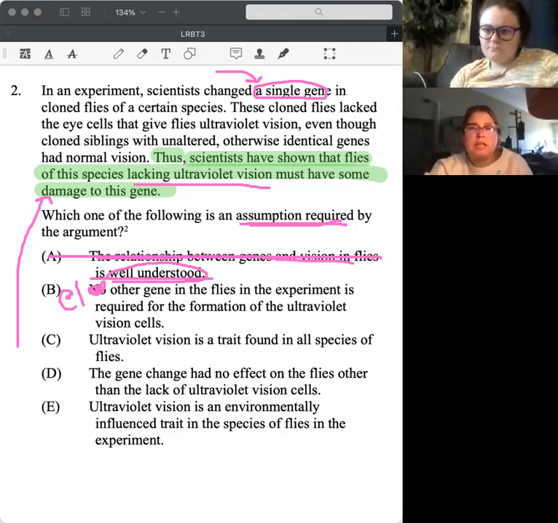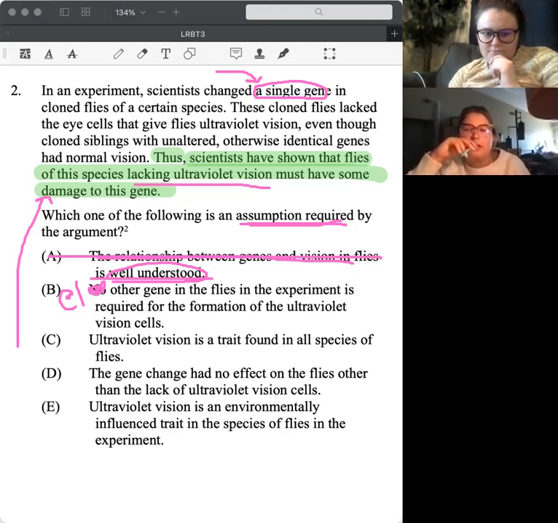No, we're just talking about that certain species. I feel like that's not necessary. And also, when I saw the word all, I think it's too strong for a necessary assumption. Especially since we're not talking about all species of flies, we're talking about this certain species. So I'm not liking it.